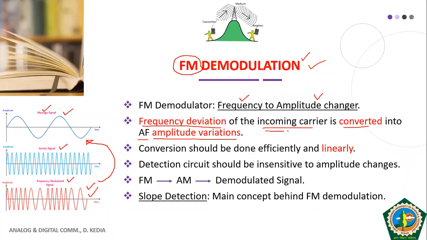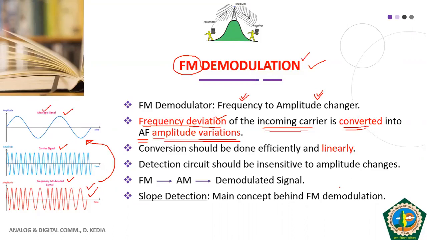We have changed the frequency of the carrier, means our information is present in terms of the change in frequency or the frequency deviation. And that frequency deviation we have to now convert to the amplitude variation of the audio frequency signal. So that is another way to describe point number one, that is we have to convert our frequency deviation to the amplitude variations.